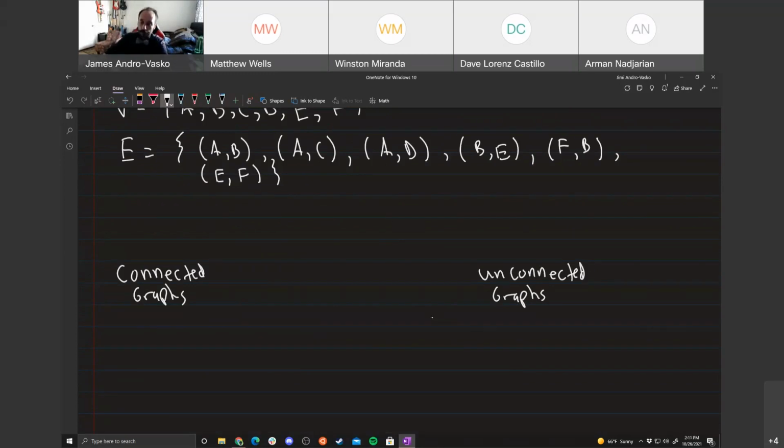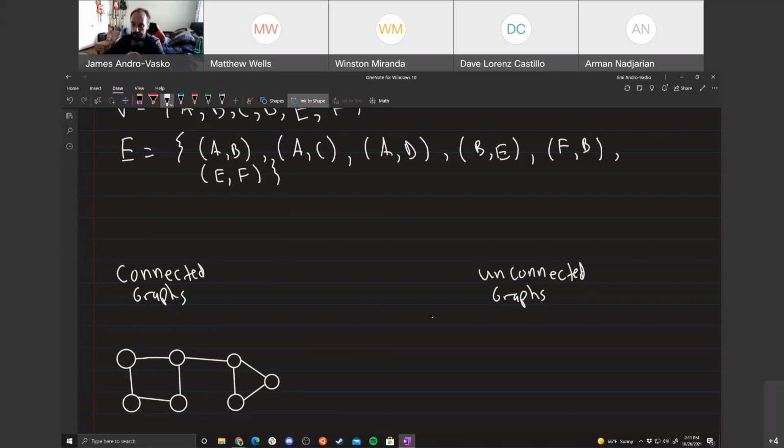So for a connected graph, basically every single node is connected, essentially. Let me draw this out nicer. Something like this. Whether we use a directed or undirected graph, this would be a connected graph, because they're all connected.